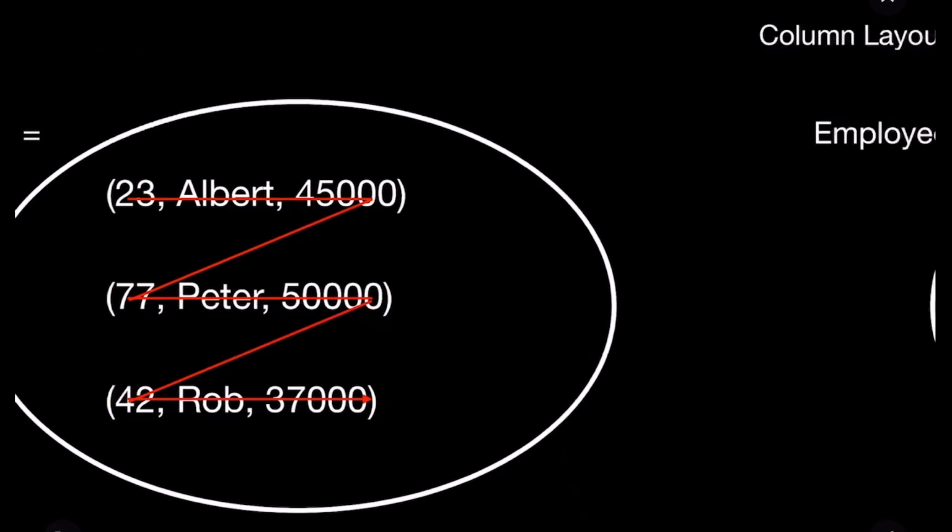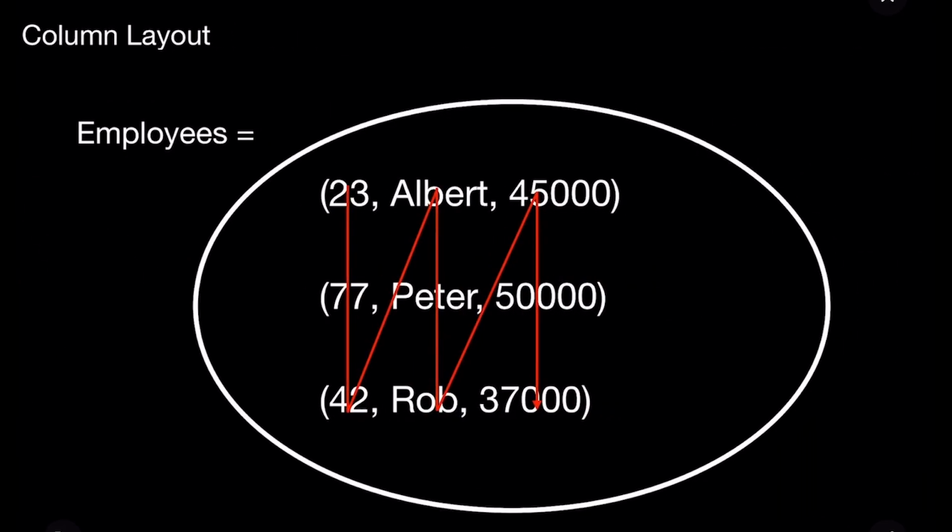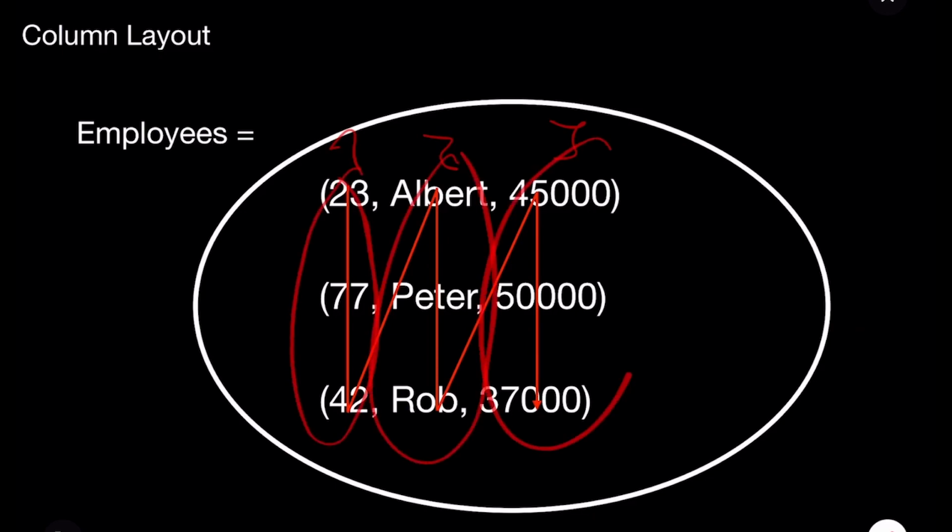The opposite extreme is the so-called column layout. Here you first linearize all attribute values belonging to the same attribute. So here we have 1, 2, 3 attributes. I first linearize all those attributes, then come those attributes, then those attributes.